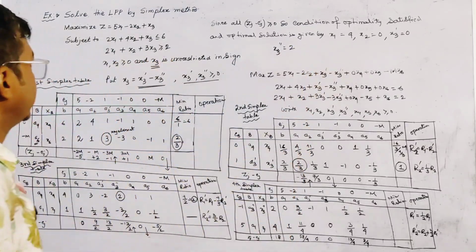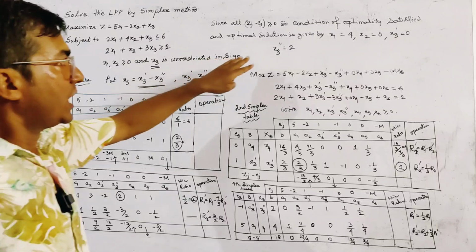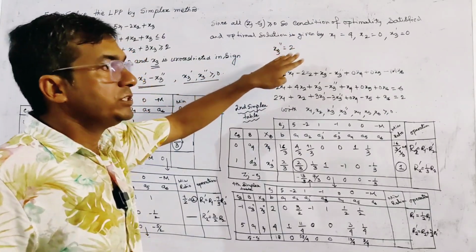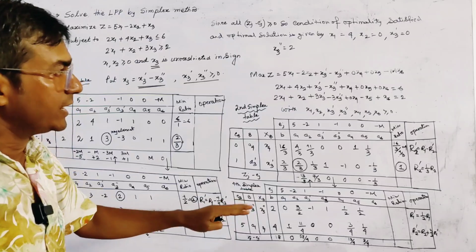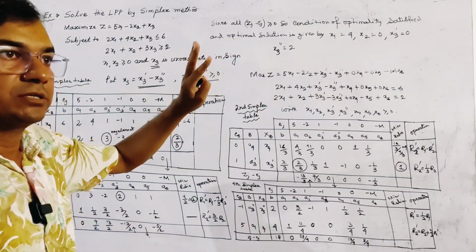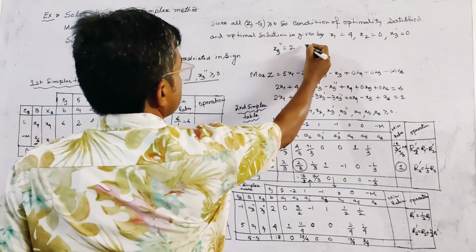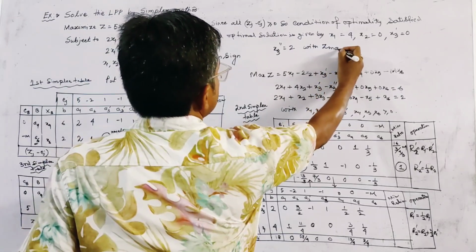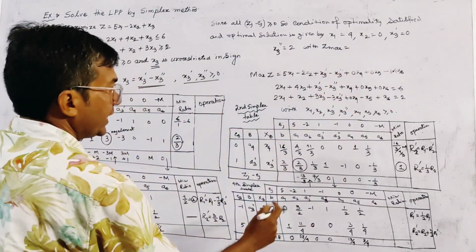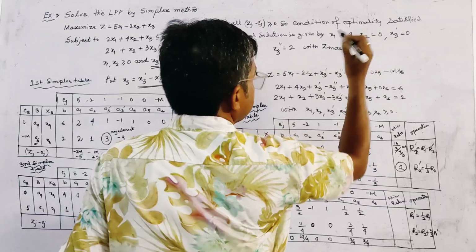Okay, and these are the only original variables. We cannot write slack, surplus and artificial variables in the solution. With Z max given by 18, right?